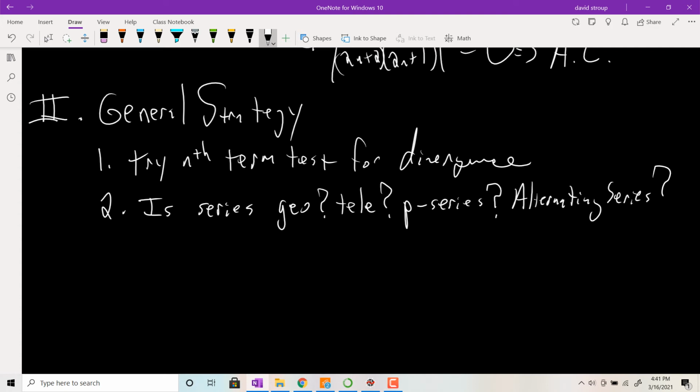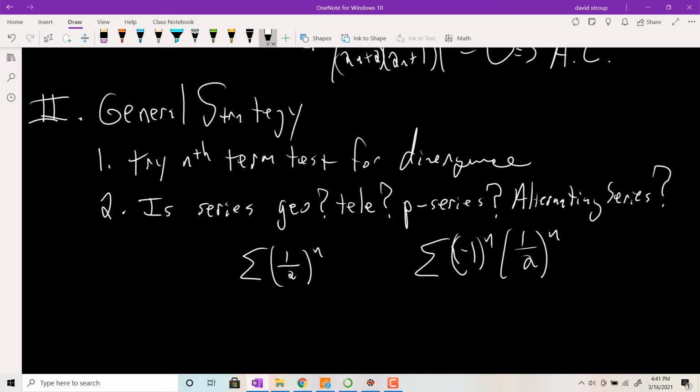You can see there's definitely a difference between a geometric and an alternating series, and just by looking at it you can figure out which one it is, because especially for alternating series, it has that -1 thing. So hopefully it's all right.